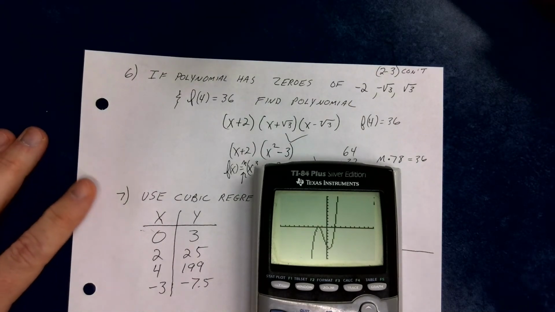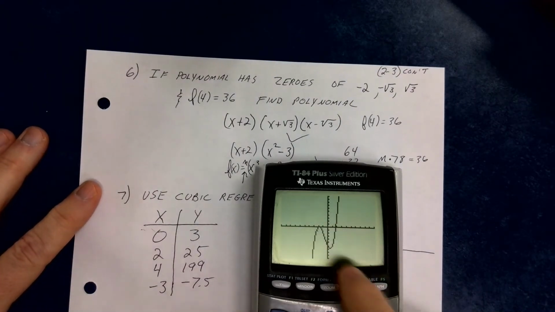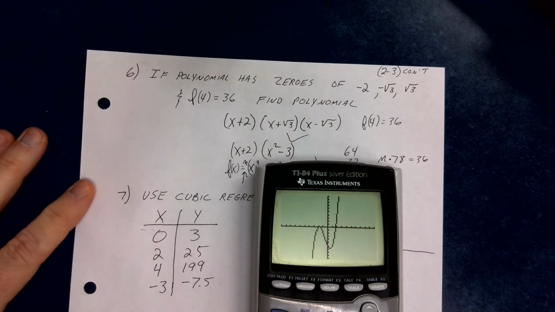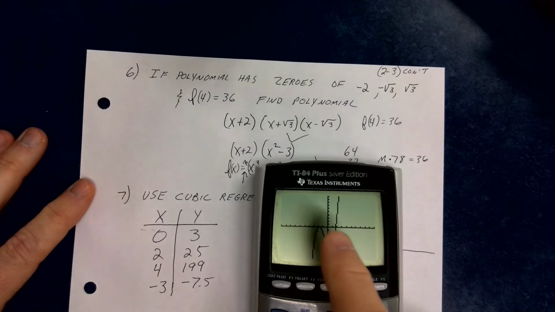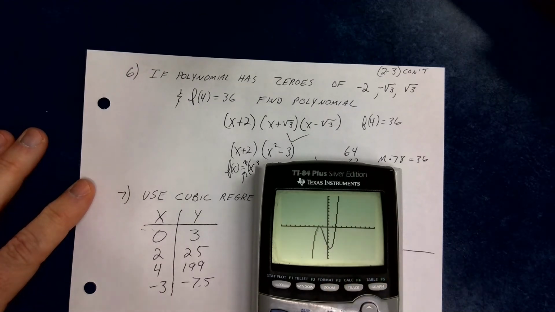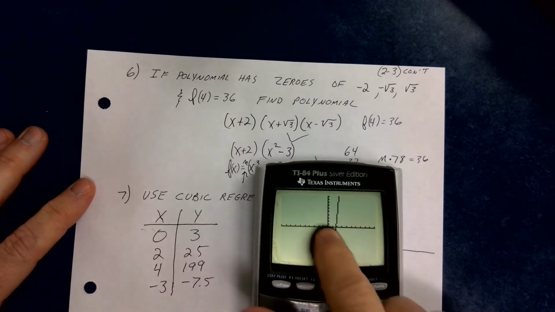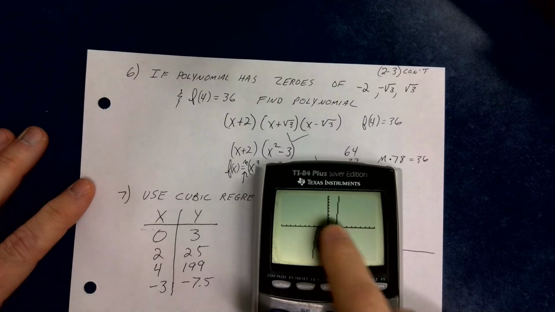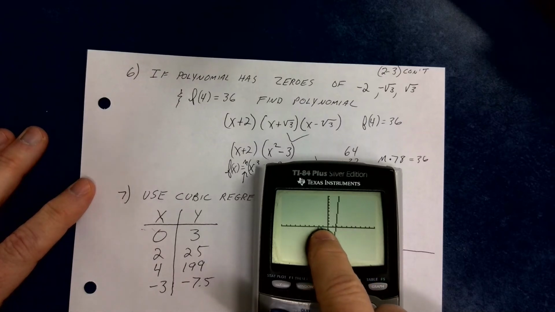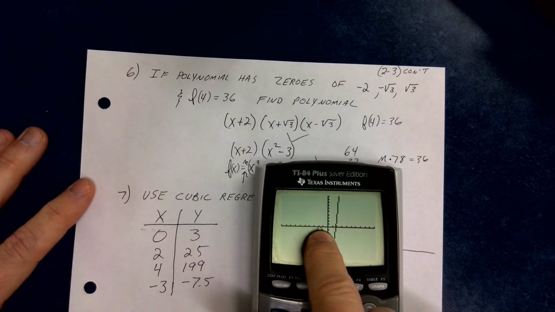And supposedly what happens is that it goes through at positive root 3, at negative root 3, and at negative 2. So if I look really closely right here, because negative root 3 is really close to that, right? That's negative 1.7 and negative 2.